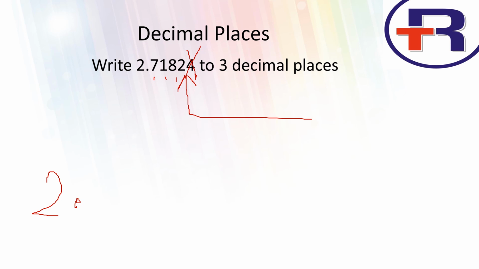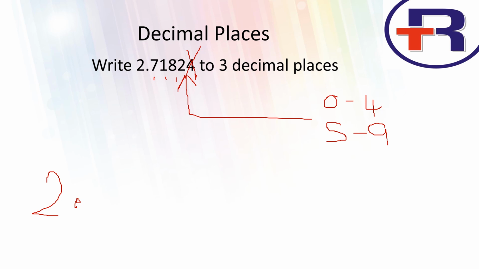If that number is between 0 and 4, then the 3rd decimal place stays the same. If that number is 5 to 9, then the 3rd decimal place increases by 1.